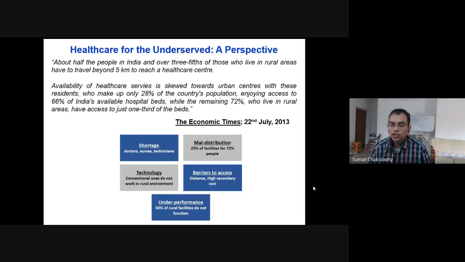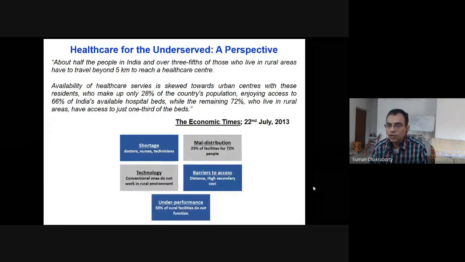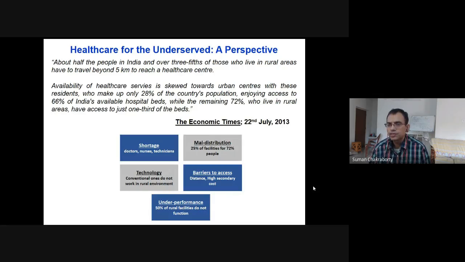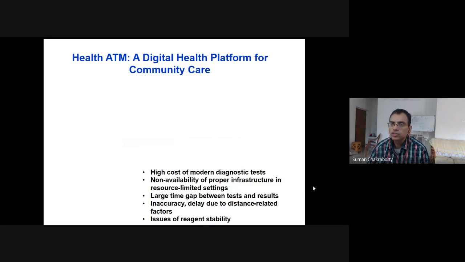The rural scenario, which is deprived of these facilities, the people there are the worst sufferers. And although we talk of many reasons for such suffering, including shortages of doctors, nurses, other factors, we often pinpoint the importance of technology.